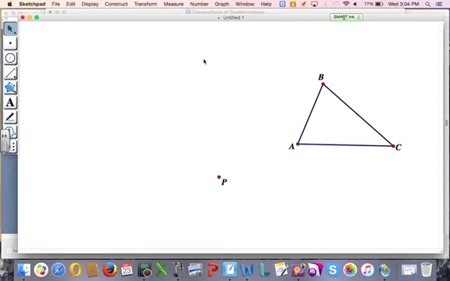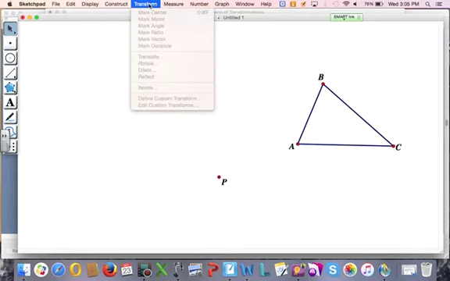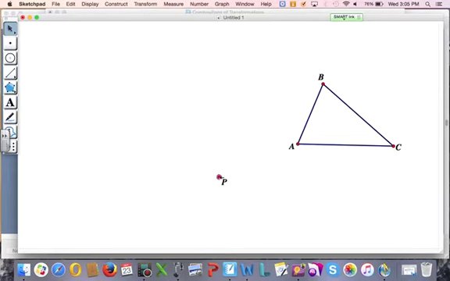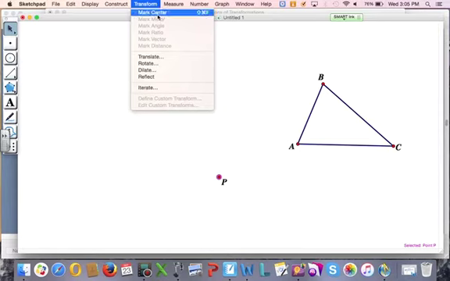So in the explore activity that your text describes, in part A, it says, using geometry software, draw a triangle and label the vertices A, B, and C, which you see that I've done here. Then draw a point outside of the triangle and label it P. It says, rotate triangle ABC 30 degrees around point P. In order to do that, I have to tell the program that I want P to be the center of my rotation.